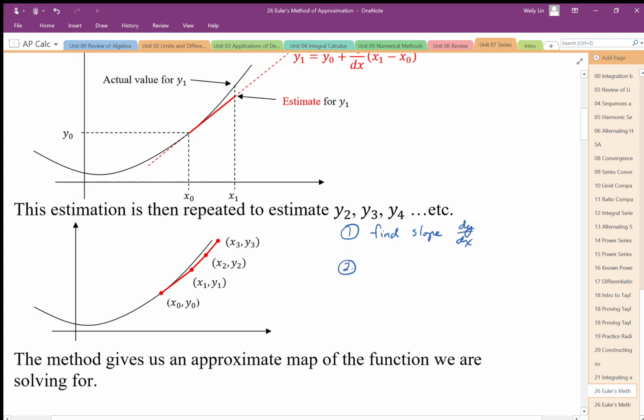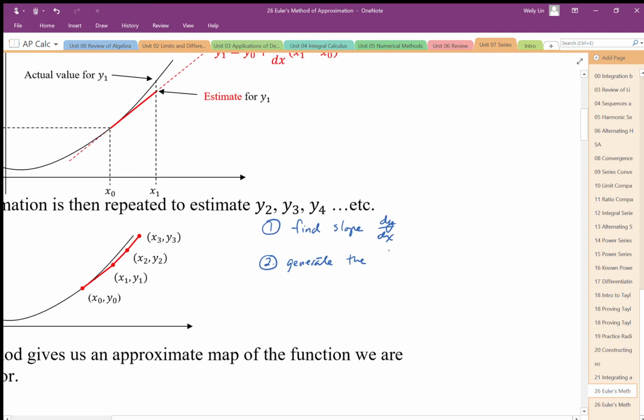The next step is to generate the linear approximation formula. And the third, what we're going to do with that linear approximation is then we're going to estimate the next point.